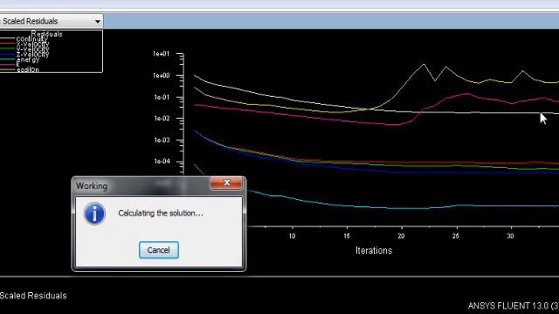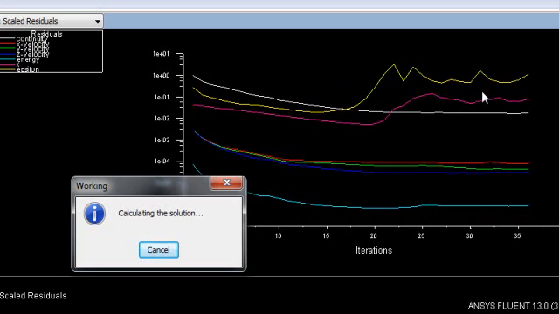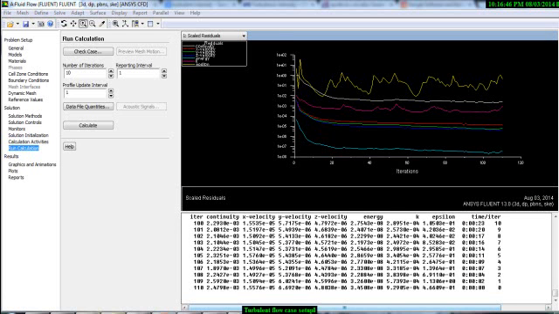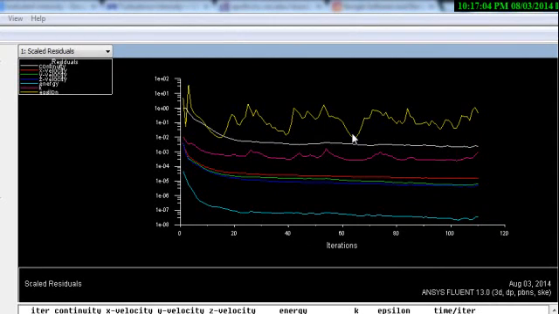So our solution has been done. As you can see, velocity and continuity show very convergent behavior, but we have a fluctuating behavior for the k and epsilon values, that's the turbulent parameters. So in the next tutorial we will see the results and compare with the laminar flow problem.